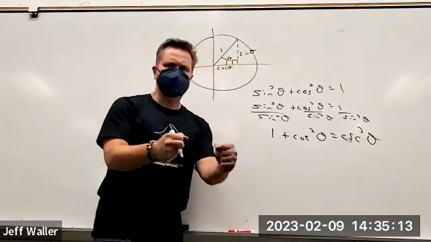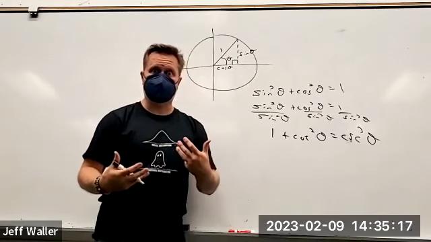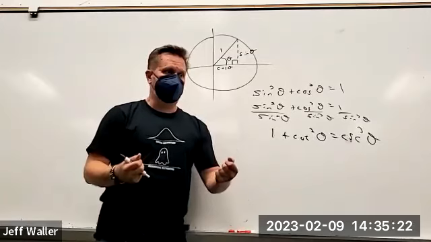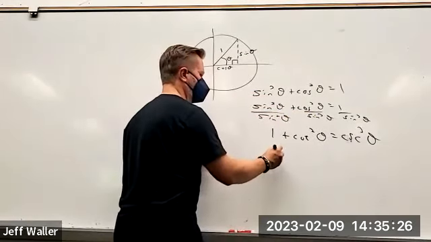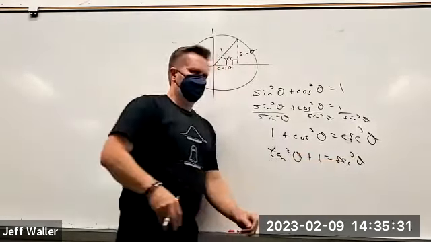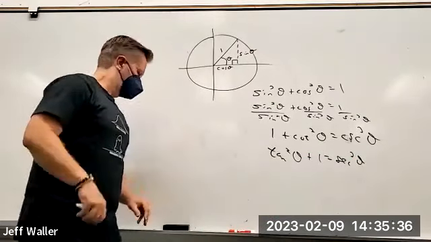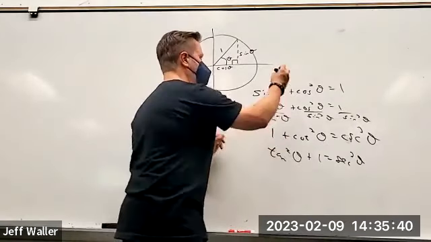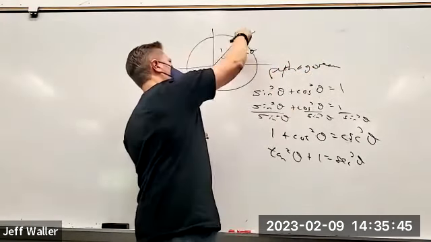You guys remember these? Hopefully you've done identities if you're taking a course that relies on trig. These could come up every now and again. And if I divide it by cosine squared instead, I would get tangent squared plus 1 equals secant squared. Does that sound familiar? So those are some basic trig identities. These are called the Pythagorean identities, which makes sense because they came from the Pythagorean theorem.